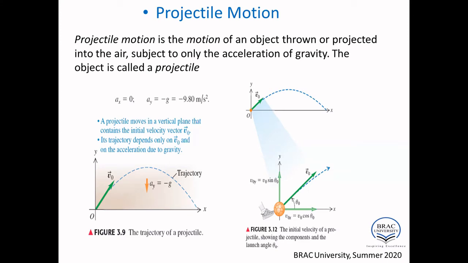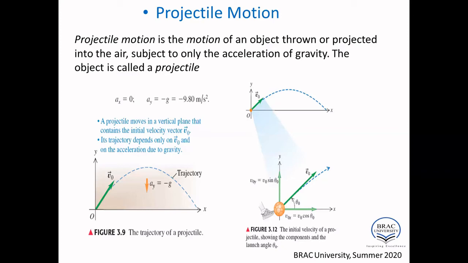In this case the motion depends on the initial velocity v naught and the acceleration due to gravity. But if we throw an object at a particular angle with the positive x-axis, the motion or trajectory of the object depends on the angle also, and also the time.